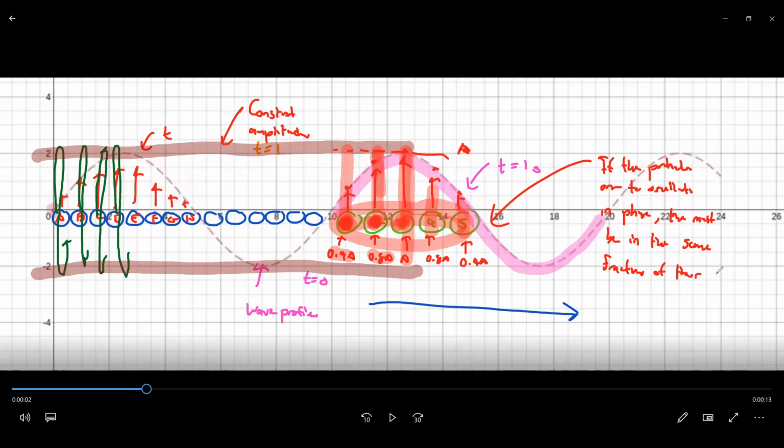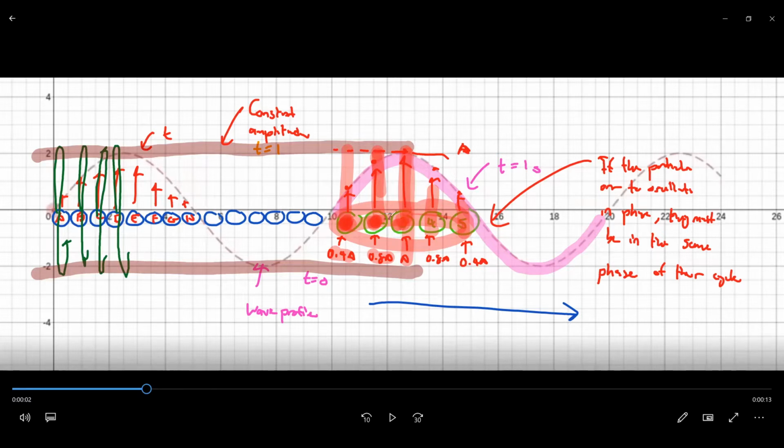If the particles are to oscillate in phase, they must be in the same phase of the cycle. Not same fraction, they must be in the same phase of the cycle.